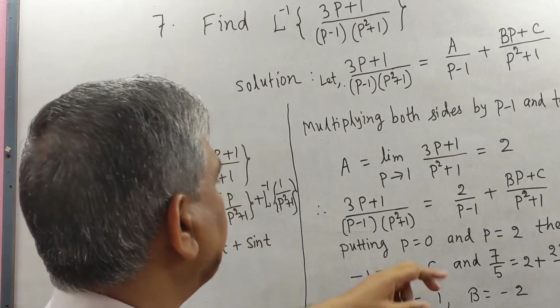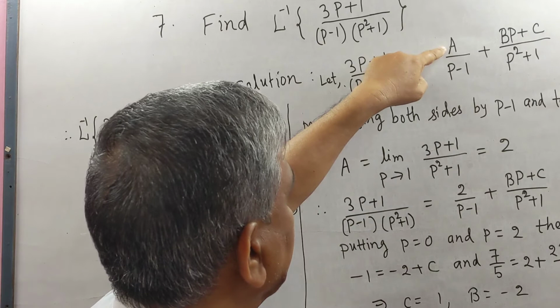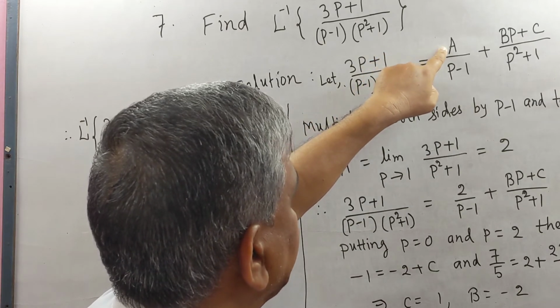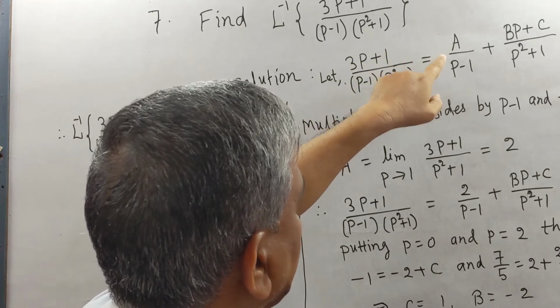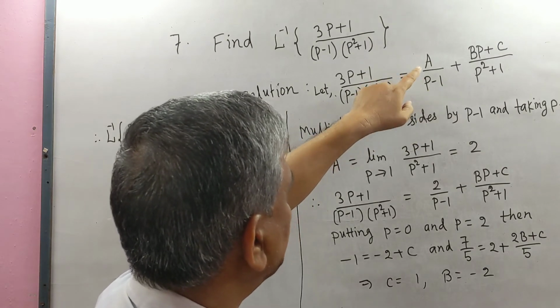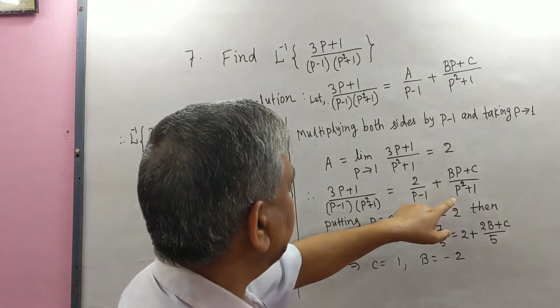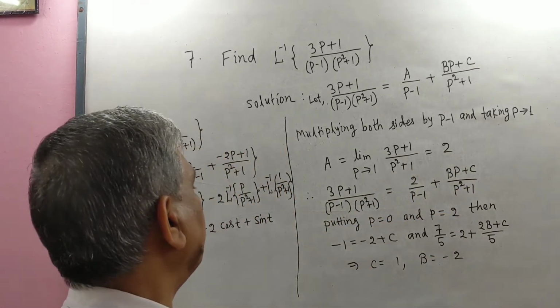Now let us put the value of a in the first term of the right side. Here a by p minus 1, that means 2 by p minus 1 plus bp plus c by p square plus 1.